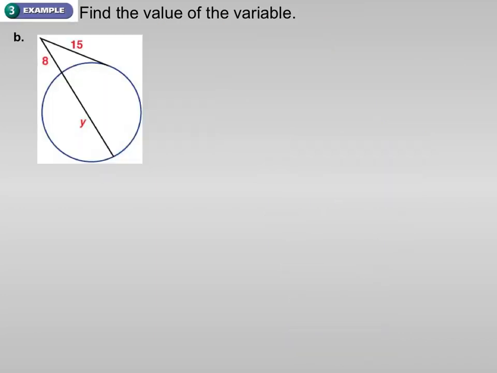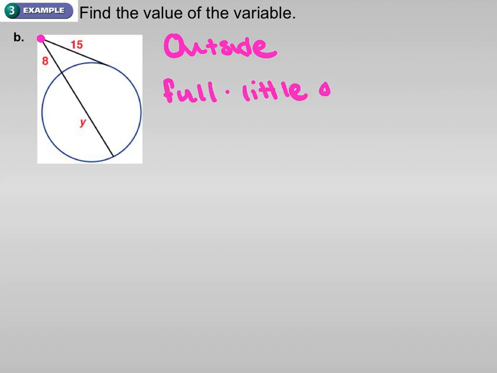For the next example, we have the lines intersect outside the circle, which means we use the full times the little part outside. So if I were to do this for the first part, the length of the full would be 8 plus y, which we can't simplify.